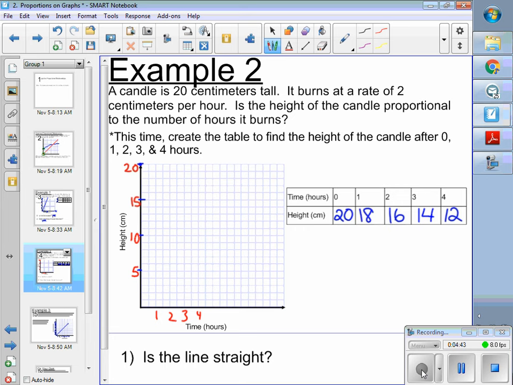And then at 1 hour, it's going to be 18. At 2 hours, it's going to be 16. At 3 hours, it will be 14. And at 4 hours, it should be 12. So, we connect those.